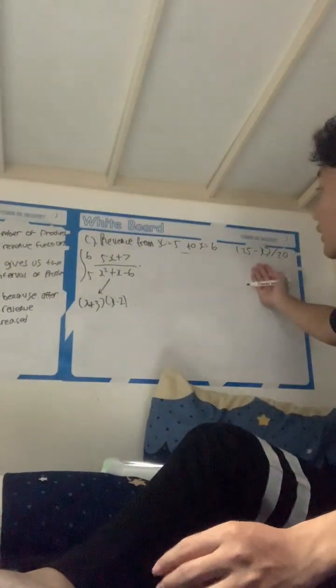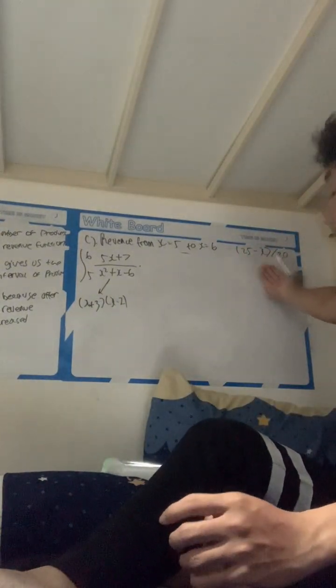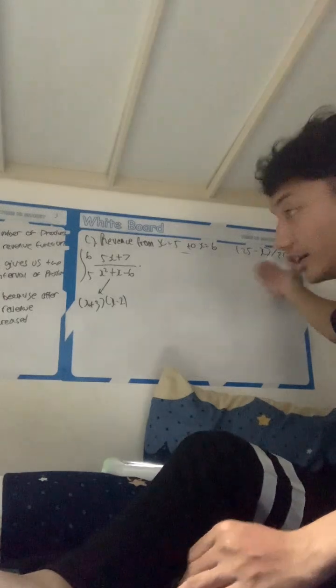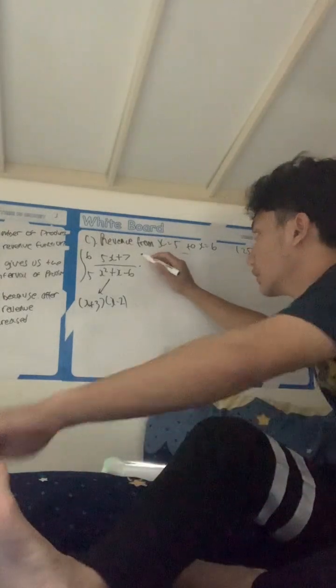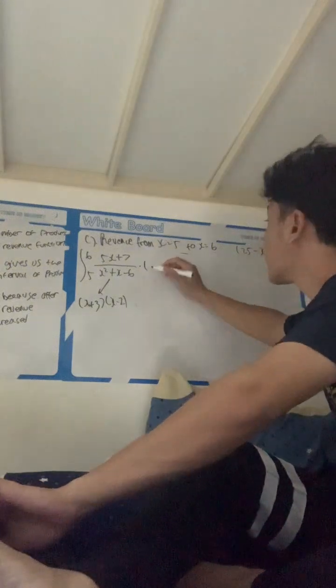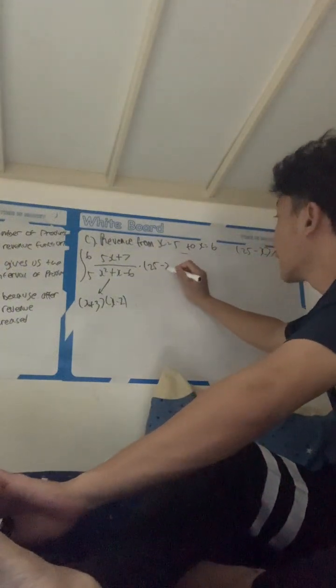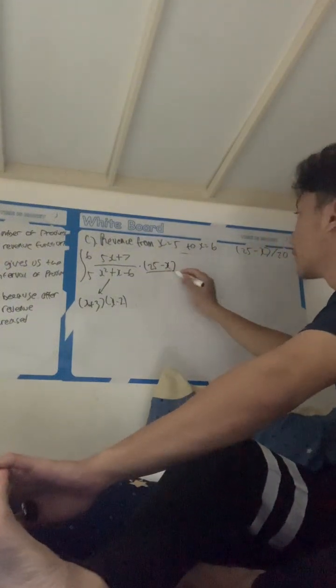So after we got the discount function here, we're just gonna do the calculation. So this will be times 25 minus x over 20.